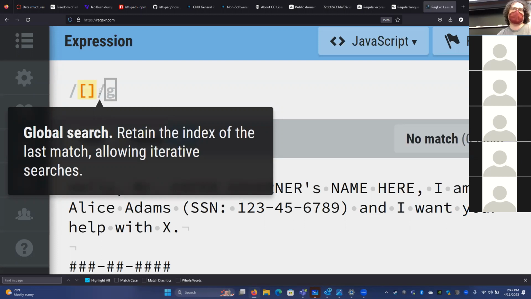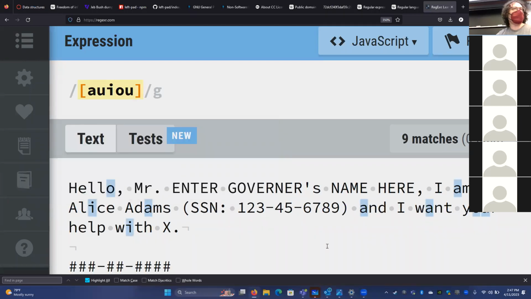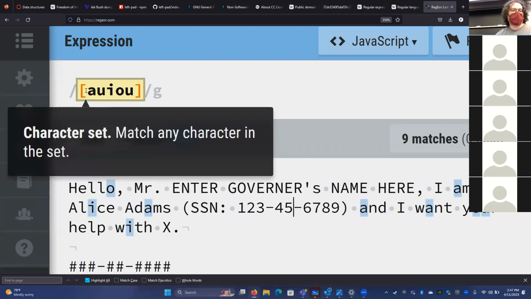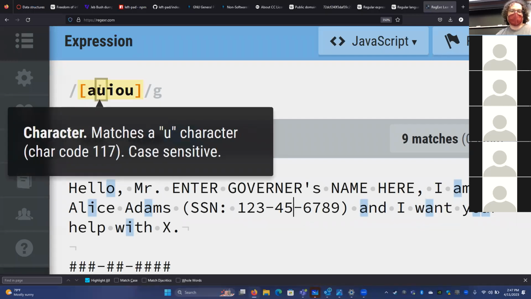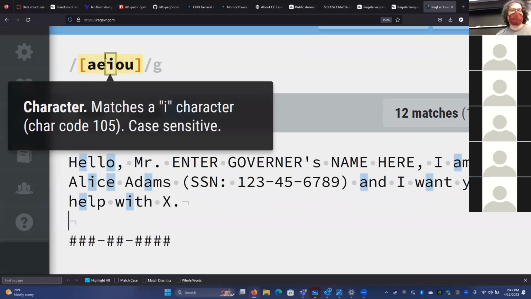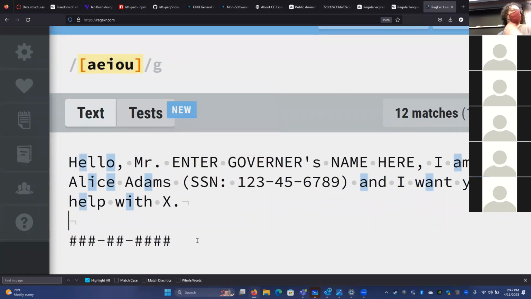I mean character classes as in different categories of characters. For instance, this says find any lowercase vowel. Brackets say character set, match anything in the set: A, E, I, O, U. Finds any vowel.